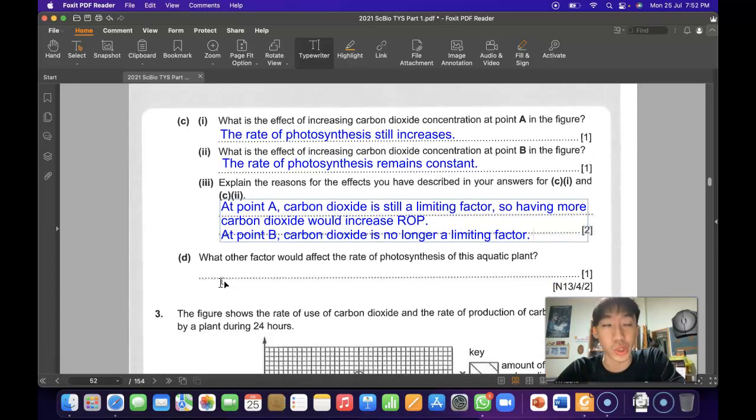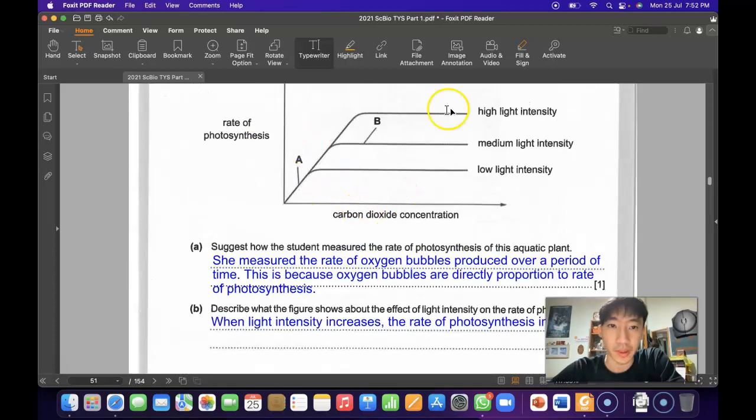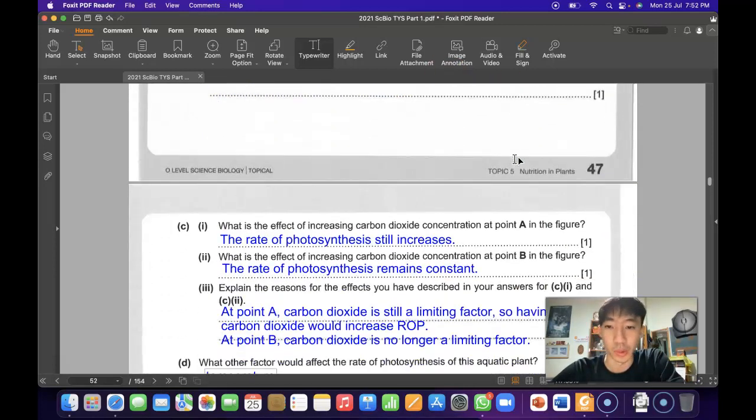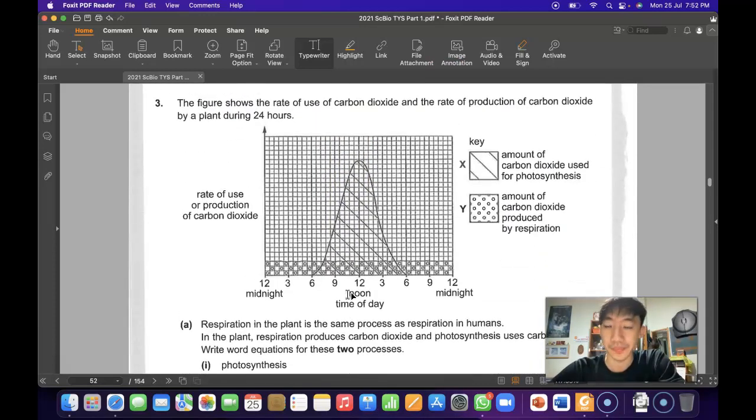Likely it will be the other two, which is temperature and the amount of light. We can only use temperature because the graph has already used up carbon dioxide and light intensity, so we are only left with temperature. Students, these questions I mark vomit blood. Don't even know that there's a sun in the sky.